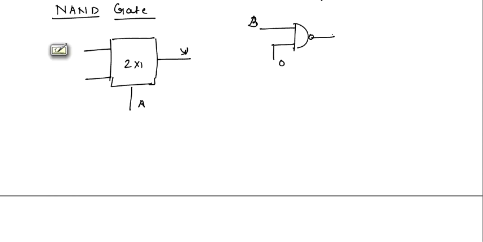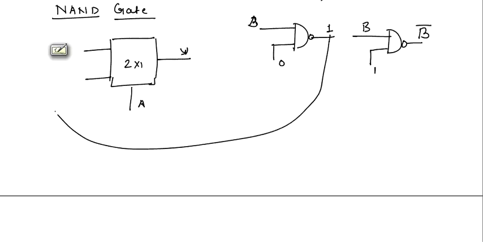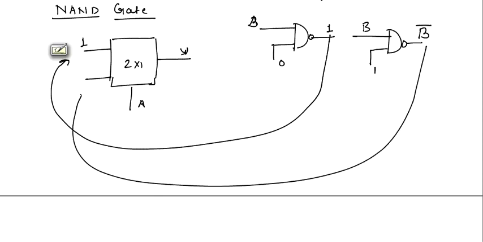We know that in a NAND gate, whenever an input is 0, the output will always be 1. And if we have one input as 1, the other input is B. If B is 0, output is 1. If B is 1, output will be 0. So the output will be B bar. This 1 will go here, while this B bar will go here.